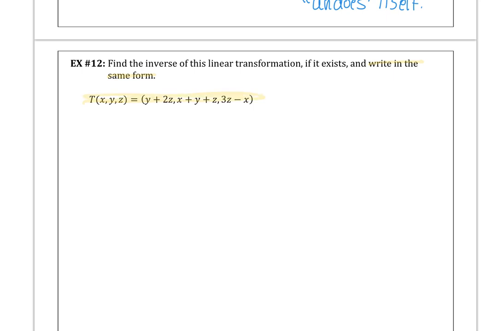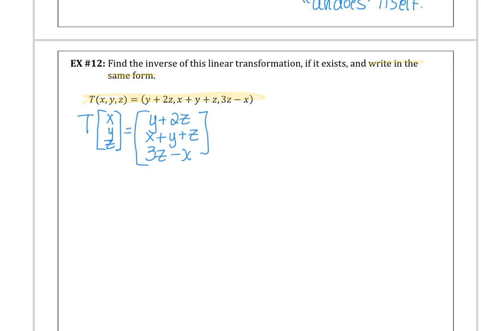If we write that in a matrix, we got T of X, Y, Z, so 3 rows, 1 column, has to give us Y plus 2Z, X plus Y plus Z, and then 3Z minus X for our column matrix.